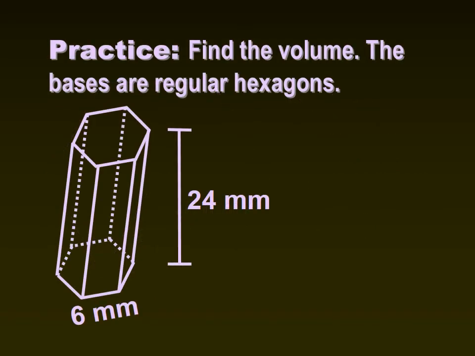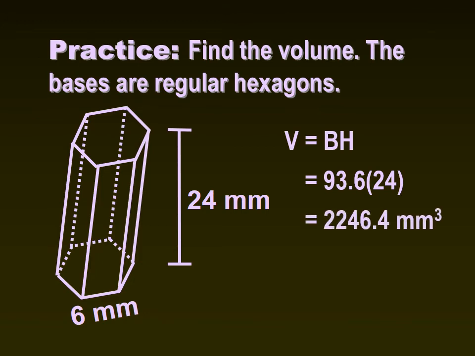All right, so that just gives us the area of the base. We need the volume of the entire thing. So our base was 93.6 and our height was 24. So our volume is 2,246.4. And our units are millimeters, but remember it has millimeters cubed because we're talking about volume.